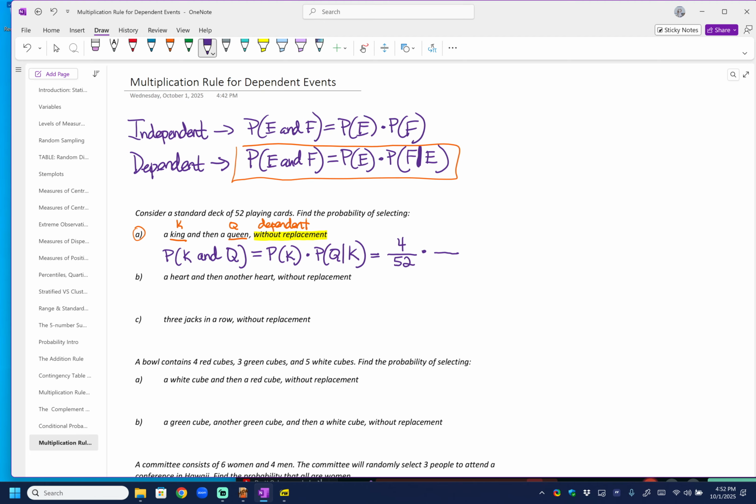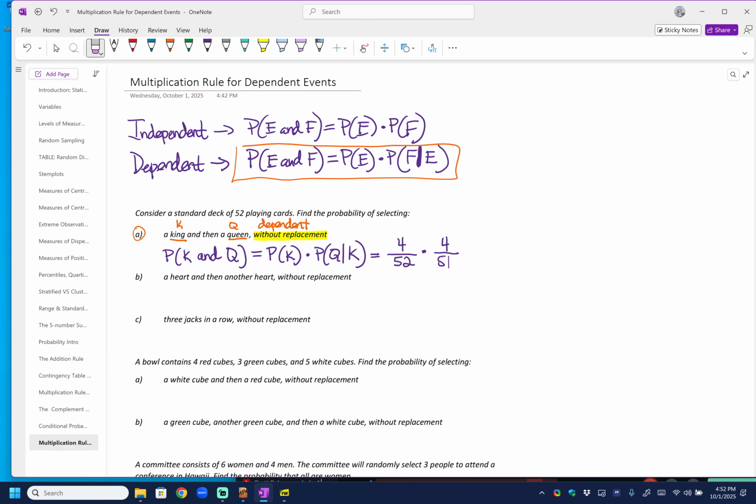Now it's 51 cards. And if you're going to pick a queen, you have to decide, well, how many queens are in that deck of 51 cards? Well, luckily enough, we haven't taken out any queens, so there still are 4 in there. Now, if I had said pick another king, then this number up top would have been a 3, because there would have only been 3 left.